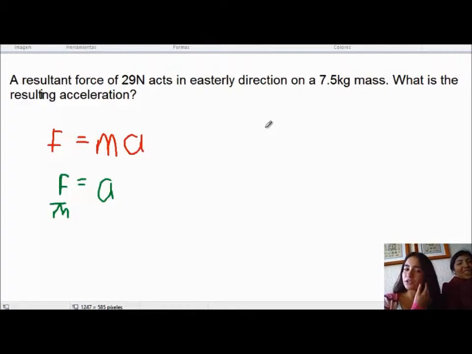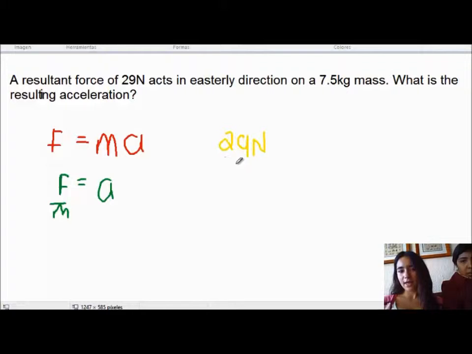Now we're going to put what F means. There is 29 newtons over 7.5 kilograms, that is the mass. That is equal to the acceleration. Now we have to make the division.